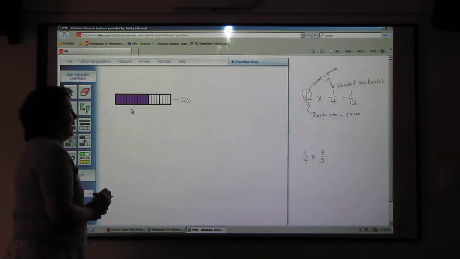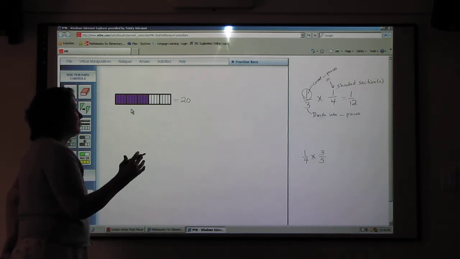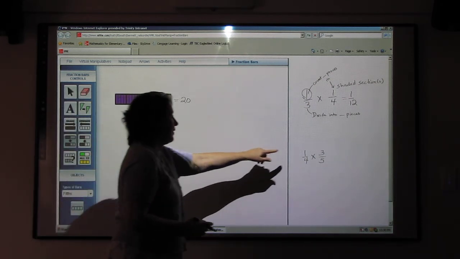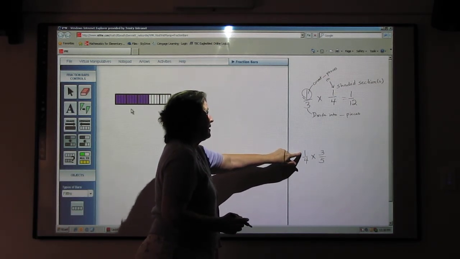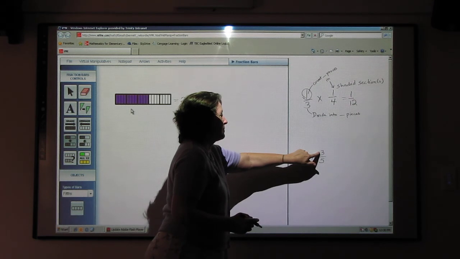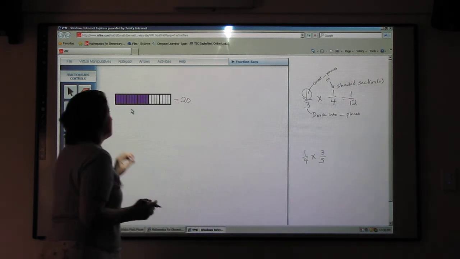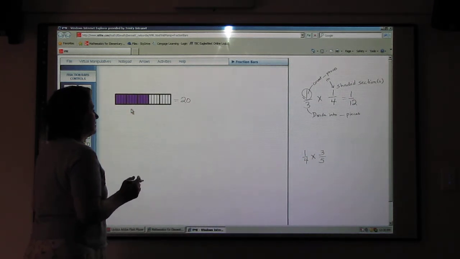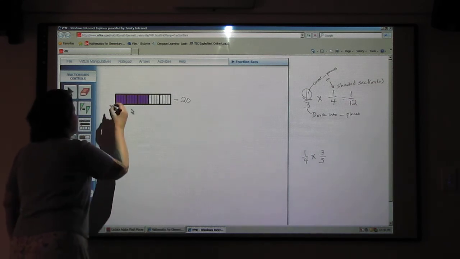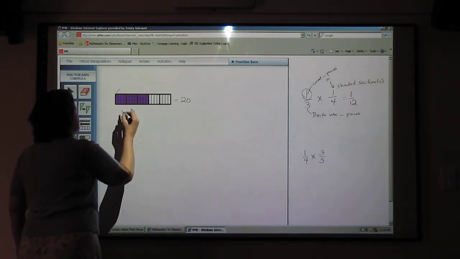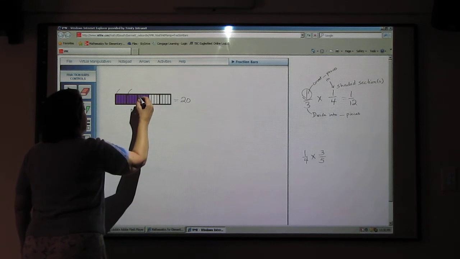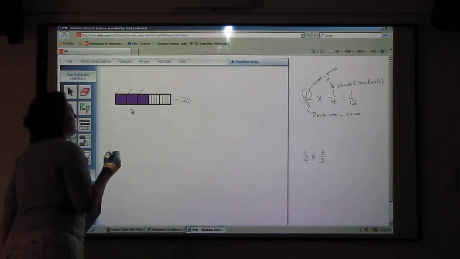Right? Now, the last step, I have to count this many pieces in this many sections, which is the shaded sections. I have 3 shaded sections. I'm going to count 1 piece out of each of them. So I'm going to count this piece, this piece, this piece.